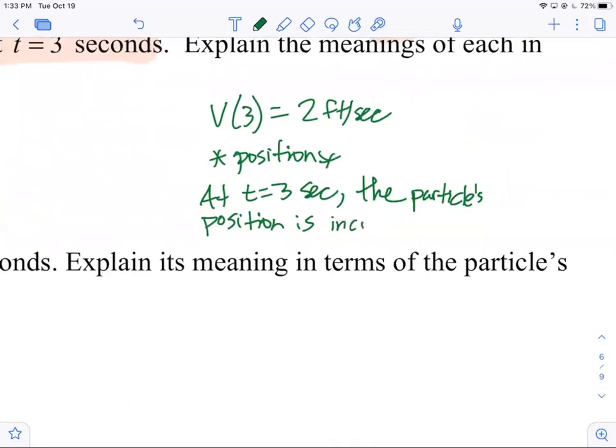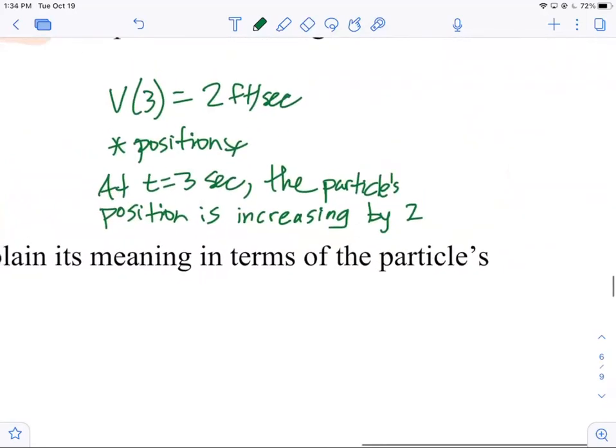So it is increasing by 2. And then what do I write? Do I write feet per second? Good. I put at 2 feet and then each second, or per second, or every second. Okay, so in that case, we're talking about position and we answer it in position units. So that typically is only with velocity where you might be asked to explain it in two different contexts, okay?